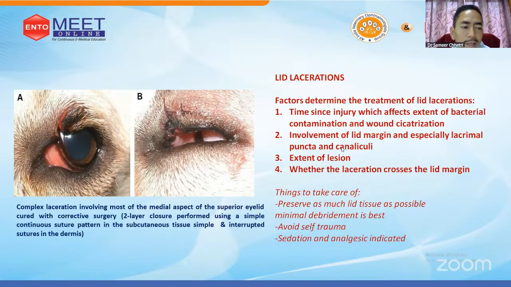You can see on the left side of the screen there is a complete laceration, and that has been corrected by surgery with a simple interrupted suture in the dermis. While suturing lacerated eyelids, the suture should not penetrate the conjunctiva. Otherwise, there will be continuous irritation of the cornea, resulting in further complications.